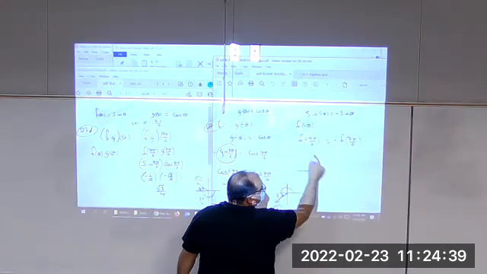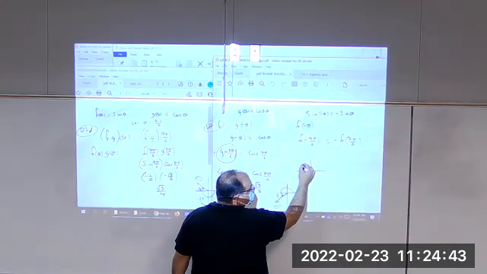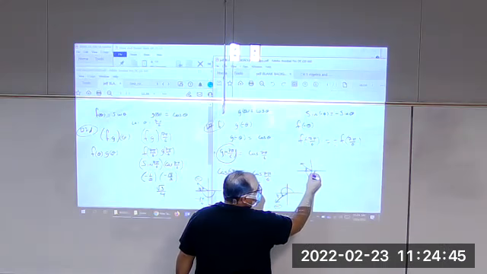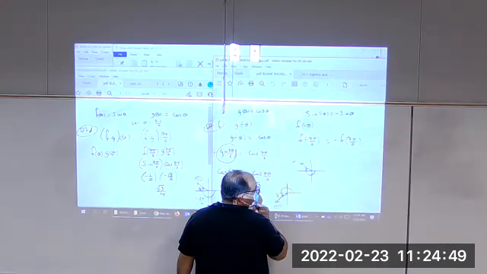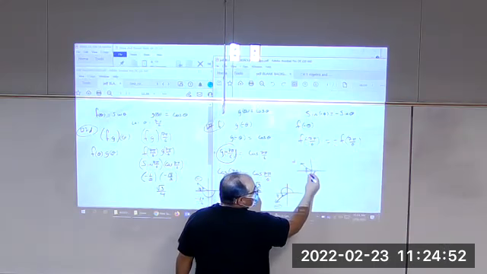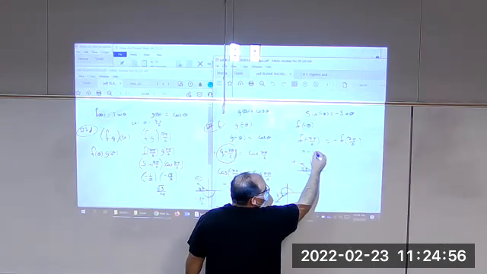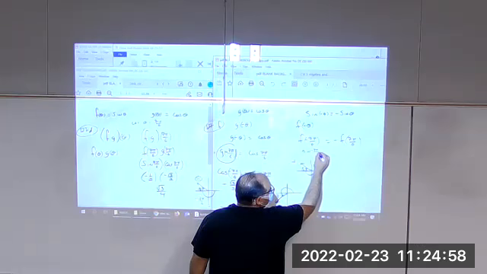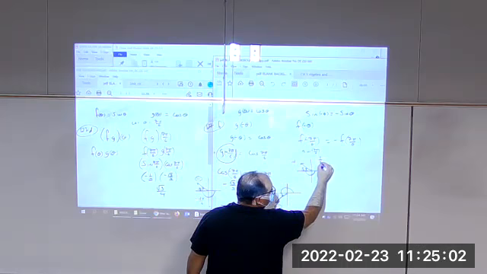This right here, again, terminates in quadrant 2. In quadrant 2, sine is positive. The reference angle is pi over 6. So the sine of negative 7 pi over 6 is a positive 1/2.